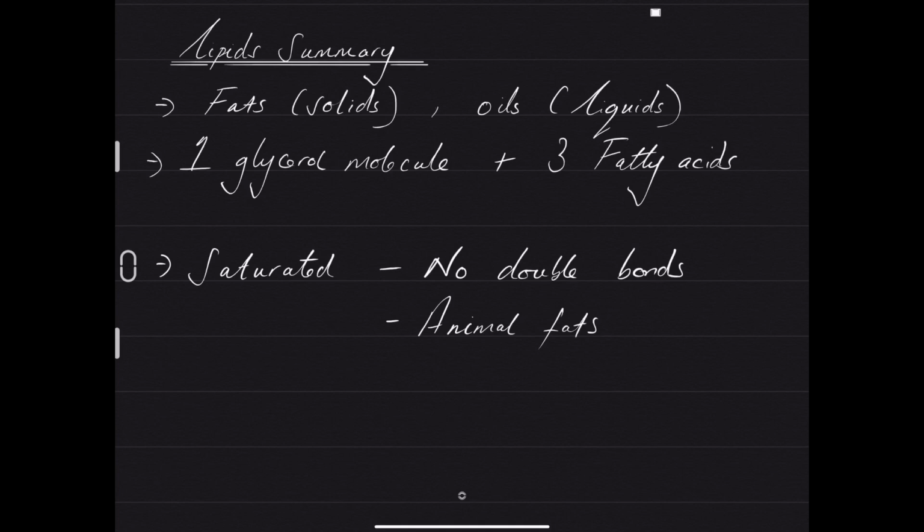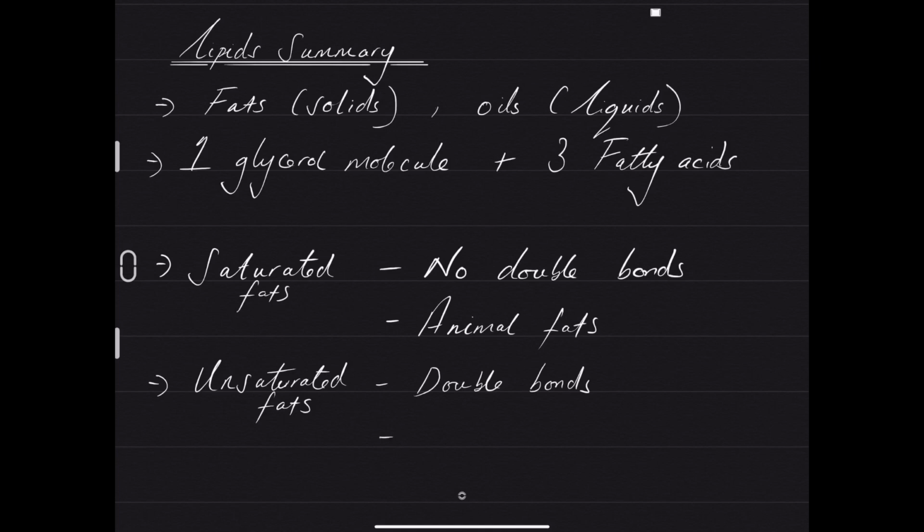And then you've got unsaturated fats. Okay, and these have double bonds. So you find the double bonds in the fatty acid molecule. So they have double bonds and they tend to be plant oils, e.g. olive oil.